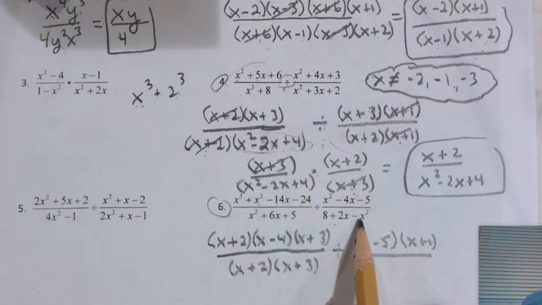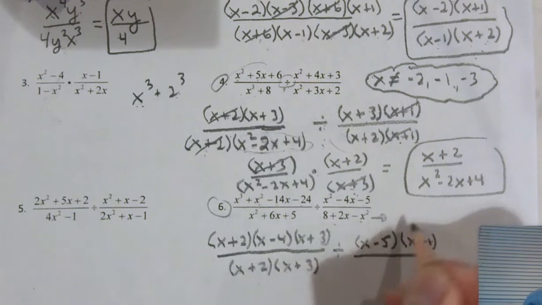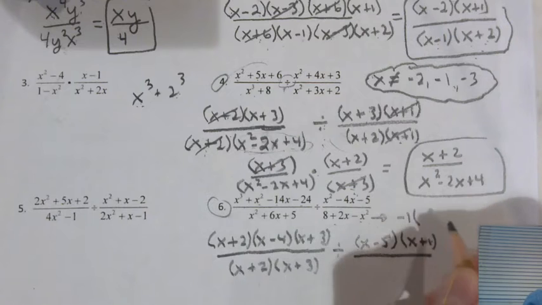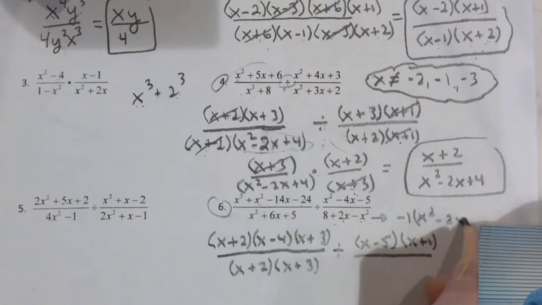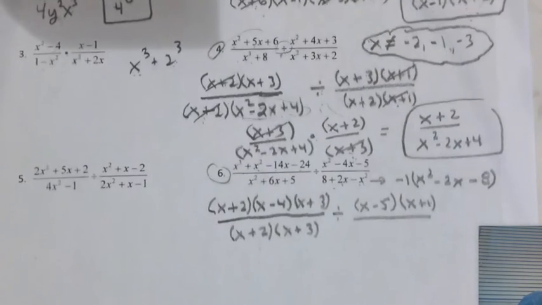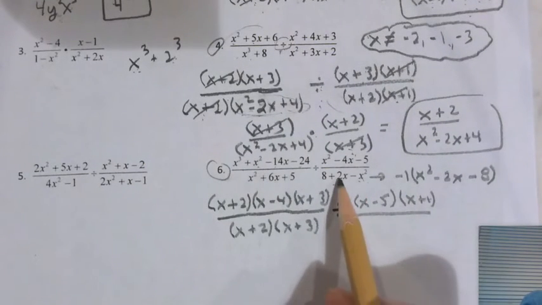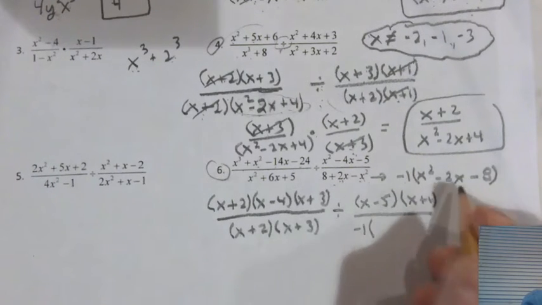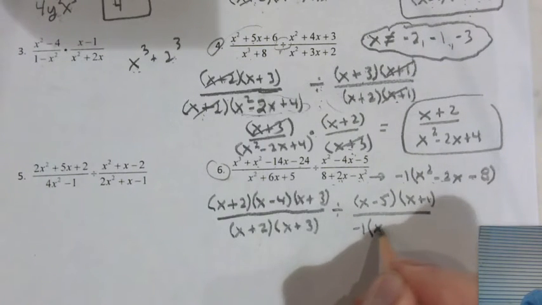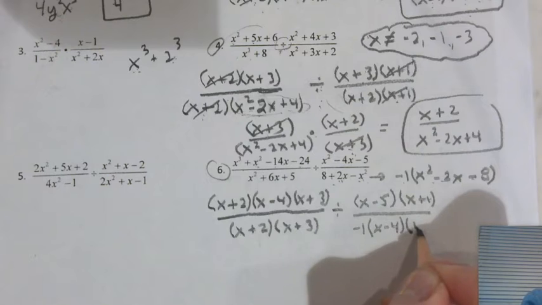So what I'm going to do is factor out a negative 1. So negative 1 times positive x squared, then minus 2x, then minus 8. So this thing is going to factor into negative 1 times x minus 4, x plus 2.